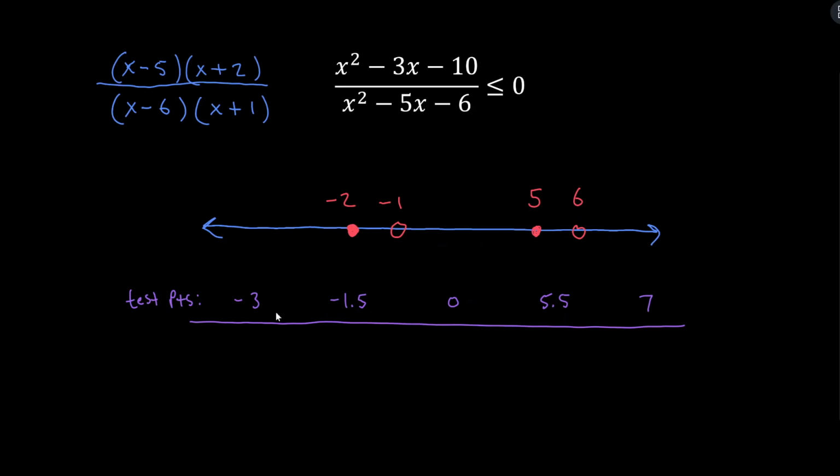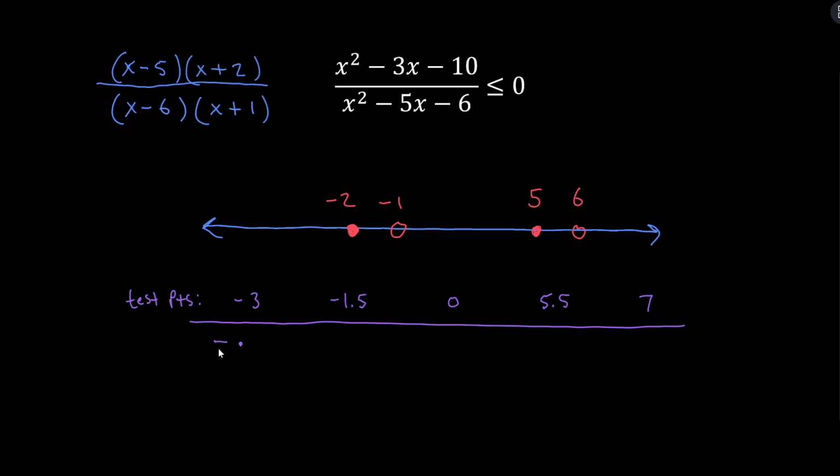All right, so for example, with -3, I'm going to plug this into the function, and I always plug it into the factored form because it's just easier to figure out whether the output's positive or negative. So I'm going to write the sign for each of the factors. So for example, when I plug -3 into this factor here, x minus 5, I get a negative. So I'm just going to write minus there because we're not interested in the exact number we get.